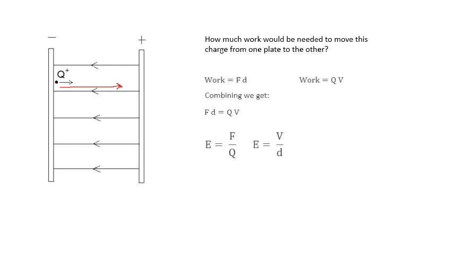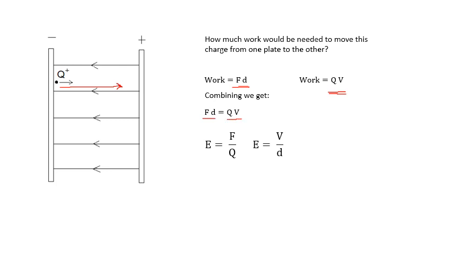Well, first of all, work equals force times distance, isn't it? But we also have work equals QV, which is one of the very first equations we did in electricity. Energy transferred is Q times potential difference. If I combine them, I get FD equals QV.